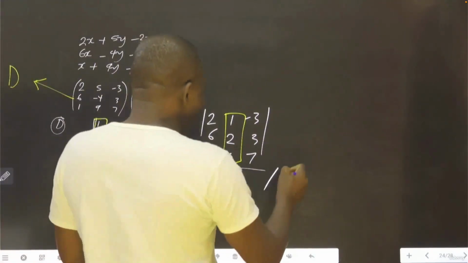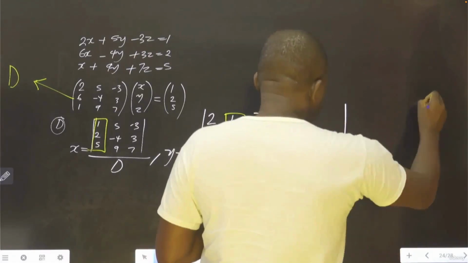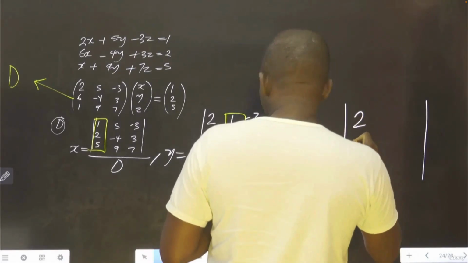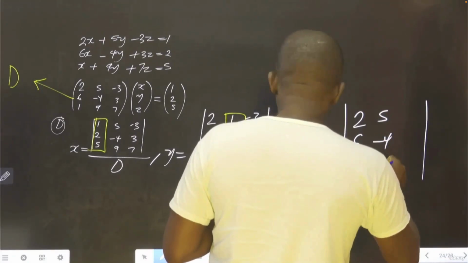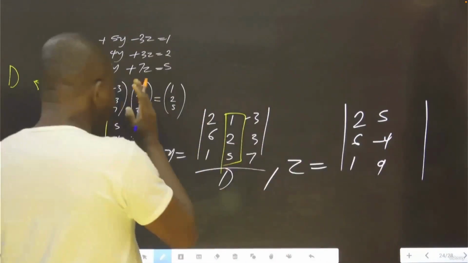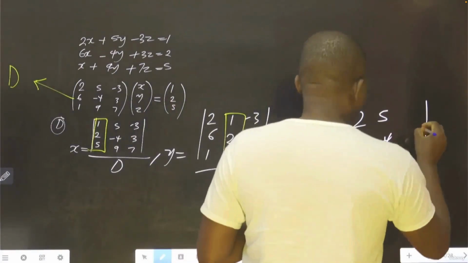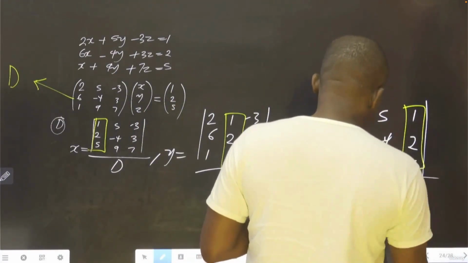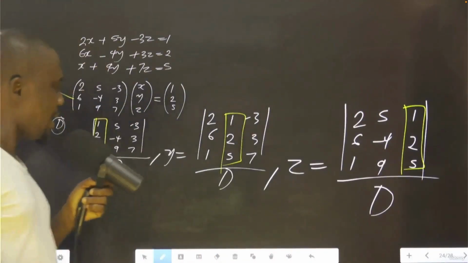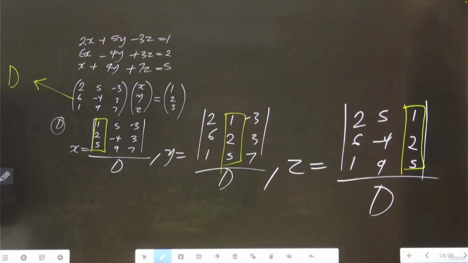For z, the same process. Retain the coefficients of x and y, but for z, put these ones, that is 1, 2, and 5. Divide by the original determinant. This is how to get the values.